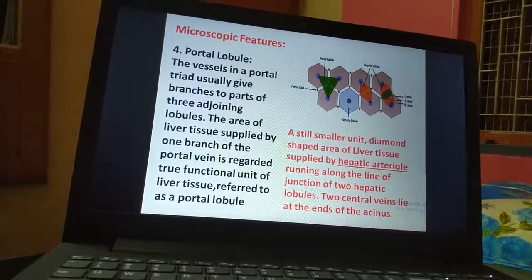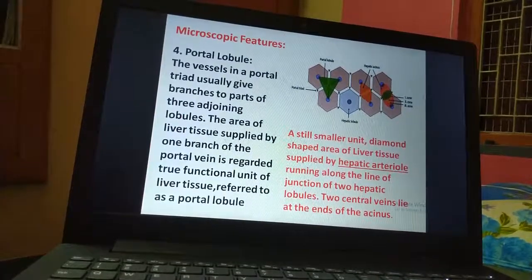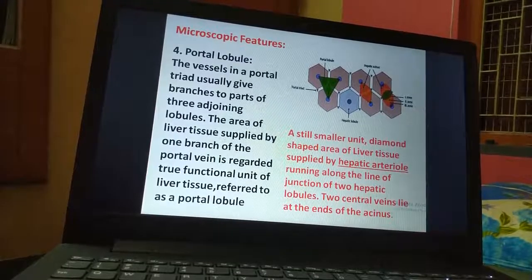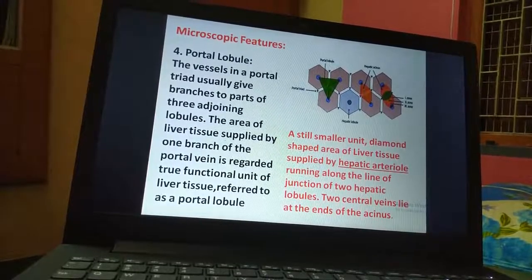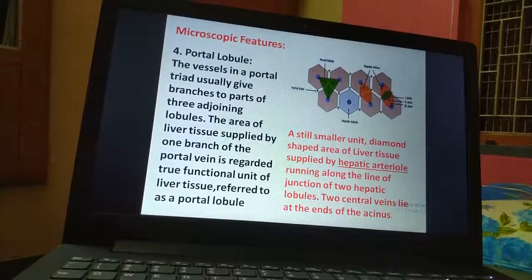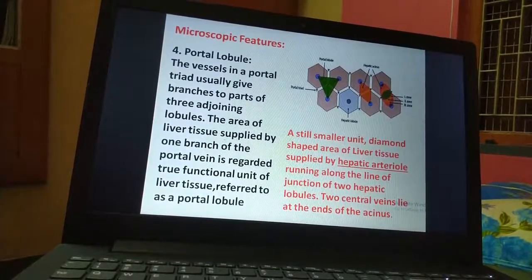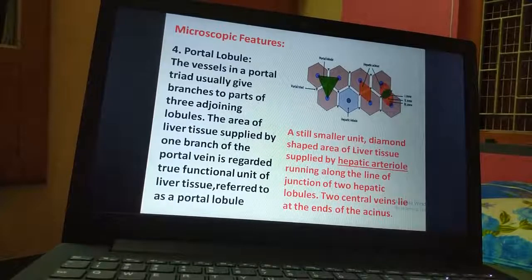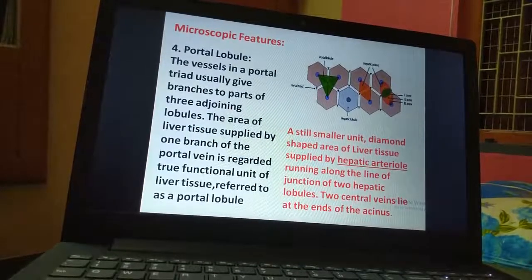In the portal lobule, the vessels in the portal triad usually give branches to parts of three adjoining hepatic lobules. The area of liver tissue supplied by one branch of the portal vein is regarded as the true functional unit of liver tissue and is referred to as a portal lobule.